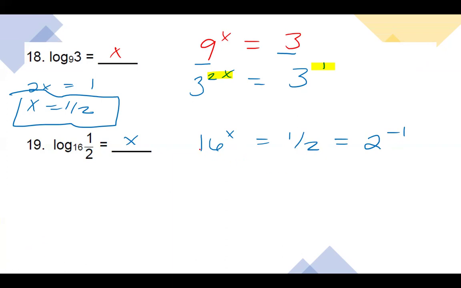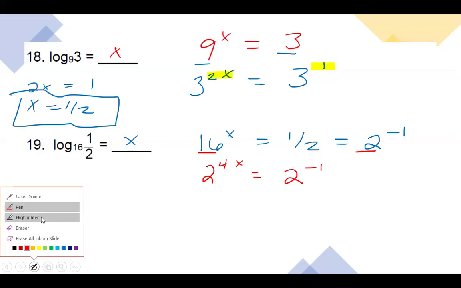The next thing I'm going to do is figure out how 16 and 2 can have the same base. How can I write 16 in terms of 2? 2 to the 4th. So 16 is going to become 2 to the 4th, which equals 2 to the negative 1.